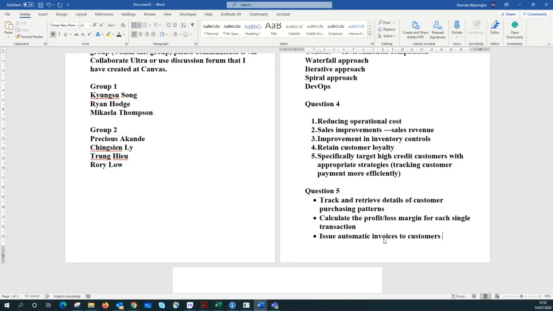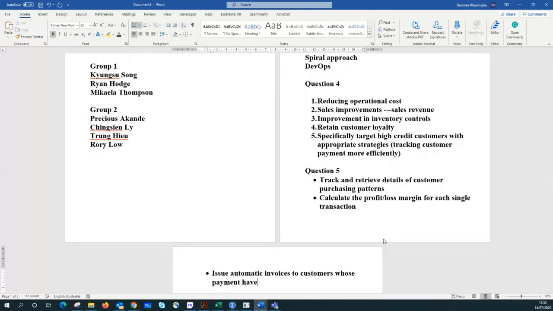Probably that is a good idea as well. Customers whose payment has been received.